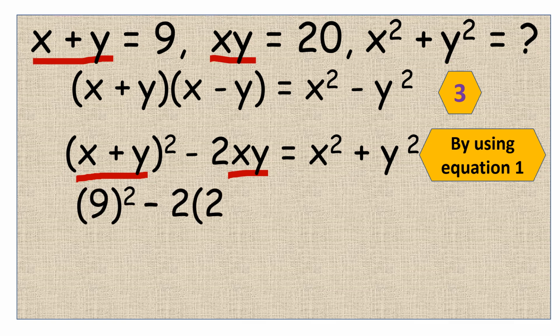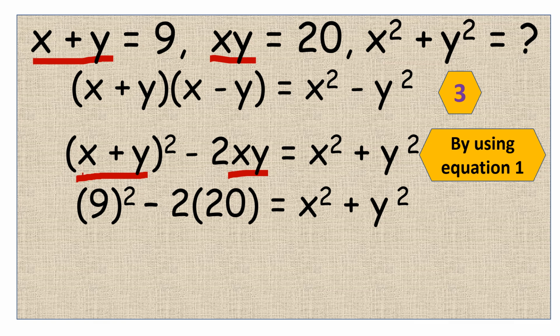So we have 9 squared minus 2 into the bracket of 20 is equals to x squared plus y squared. Remember, all we are doing is to substitute. And once we substitute into equation 1, we are able to solve for x squared plus y squared.